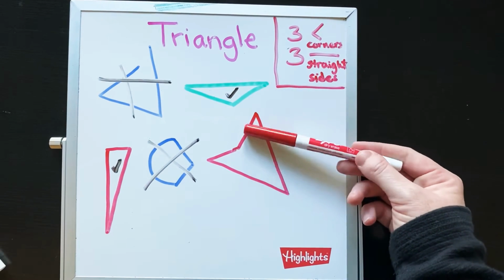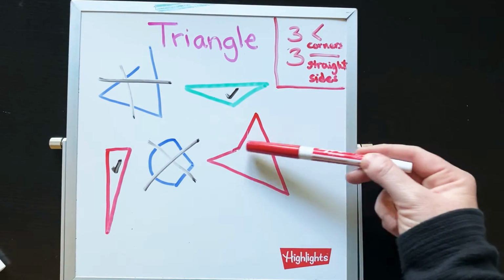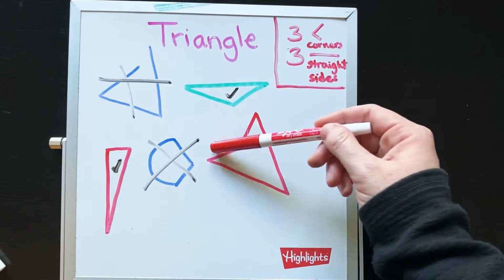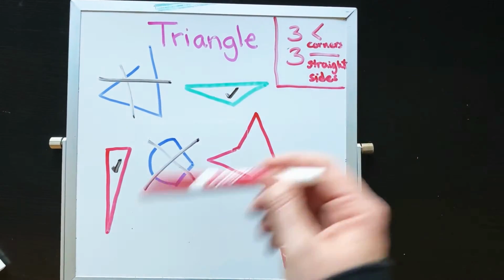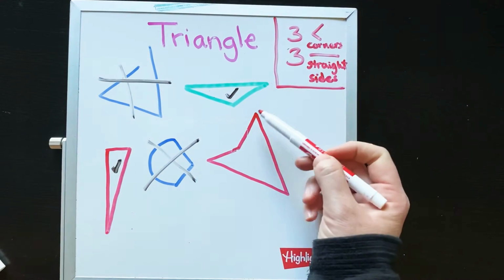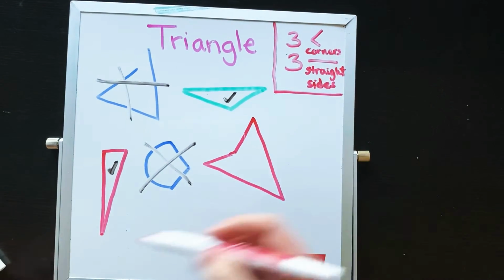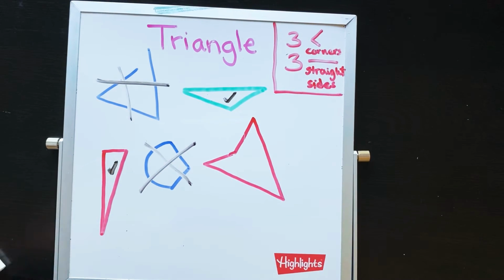Is that a corner? I think it is because it goes up and then out. So that's 4 corners. How many sides does it have? 1, 2, 3, 4. Ooh, so that's kind of tricky. If only that had been flat across as one line and not 2 lines, then it would be a triangle. But it has 4 and 4, so that is not a triangle.